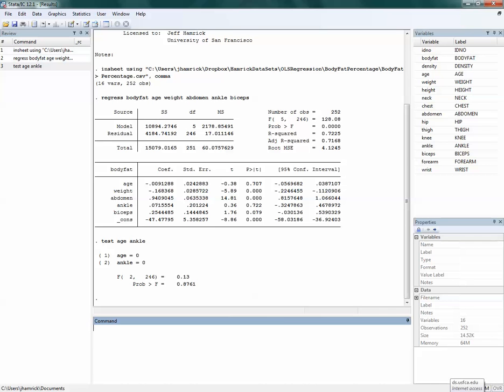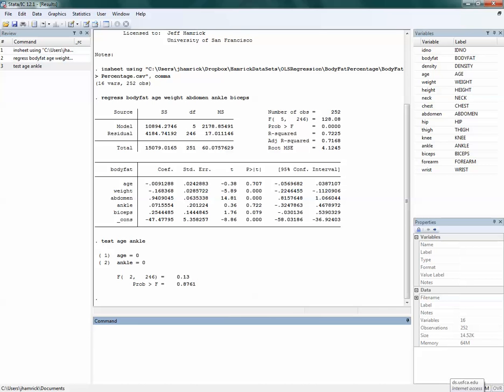Okay, so this is the partial F-test as computed in Stata, and I gave you a version of this partial F-test to conduct by hand in class, but Stata can run a much larger collection of F-tests.